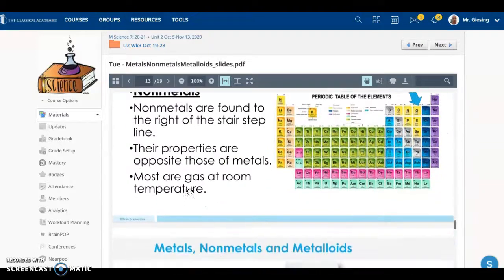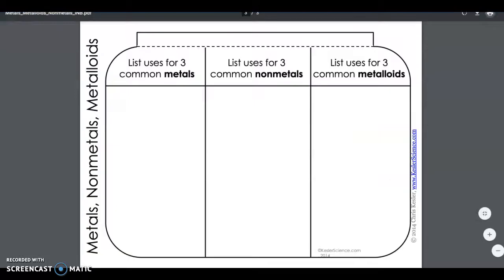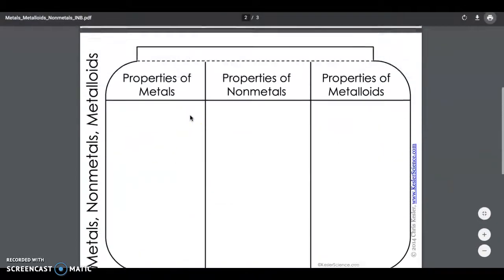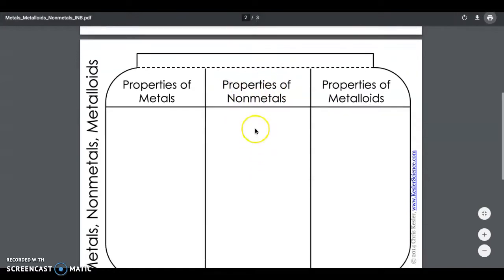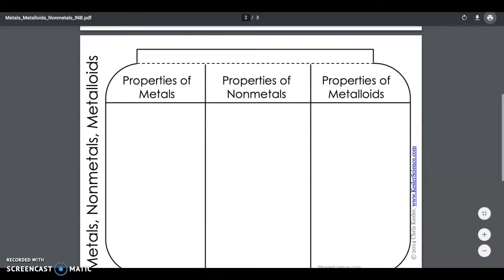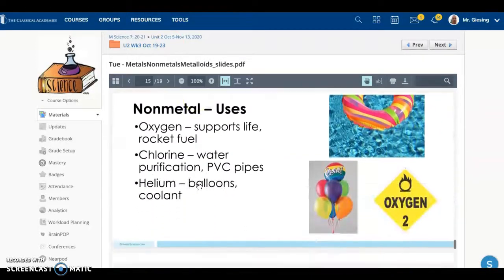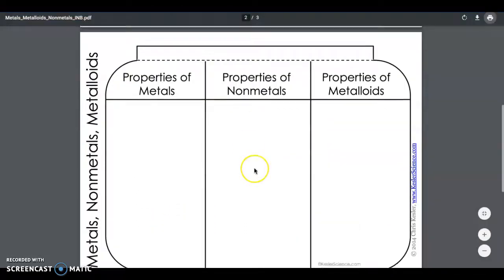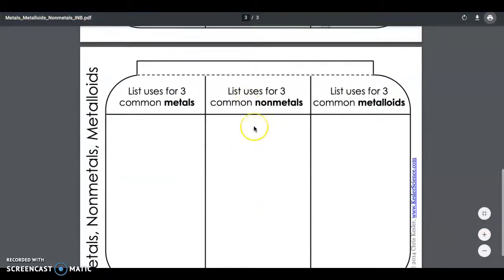Now we're talking about nonmetals. So these are the physical properties of nonmetals. You're going to come back to the properties page, and you're going to put in the properties of nonmetals. And then we'll scroll down and we'll talk about uses. So we come back here and we go to uses, and we fill in the uses column for nonmetals.